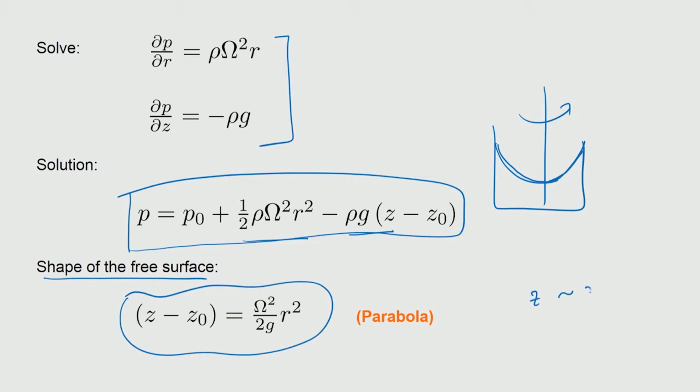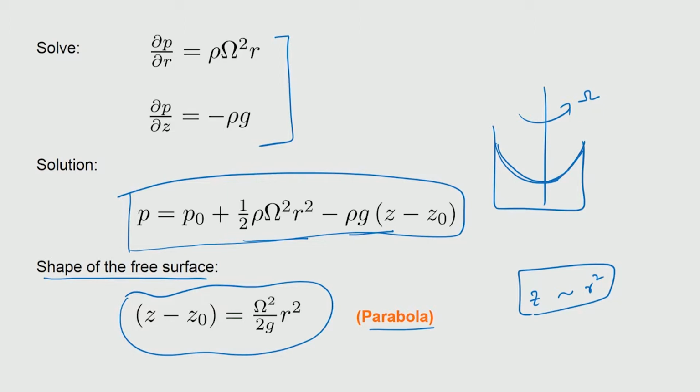Z going as r square would imply that we have a parabola, which means that when we rotate a container of liquid about its own axis at an angular velocity omega, then depending on the magnitude of omega, the parabola will be deeper at higher magnitudes, and this kind of situation can actually be used to make parabolic mirrors.